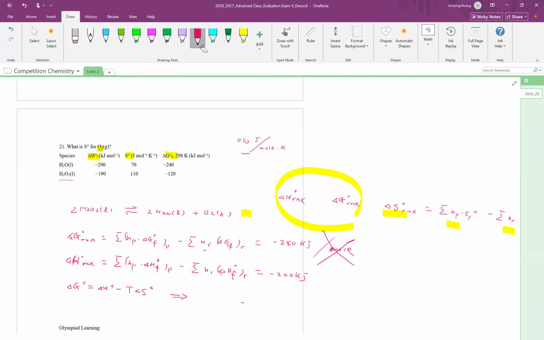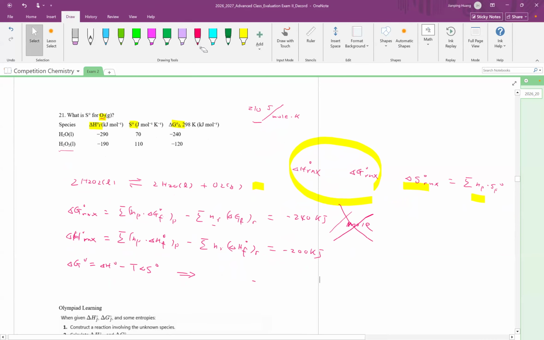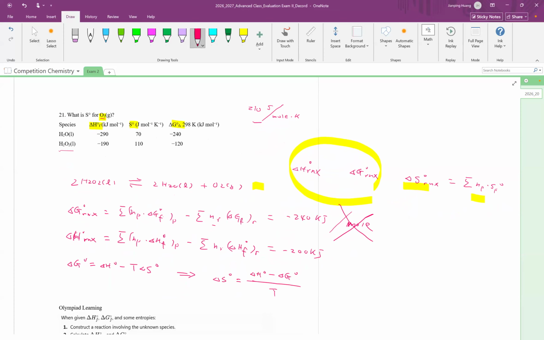Give me a second, okay. And delta S equals delta H minus delta G over T. Then you calculate, you get 134 joule per mole K.